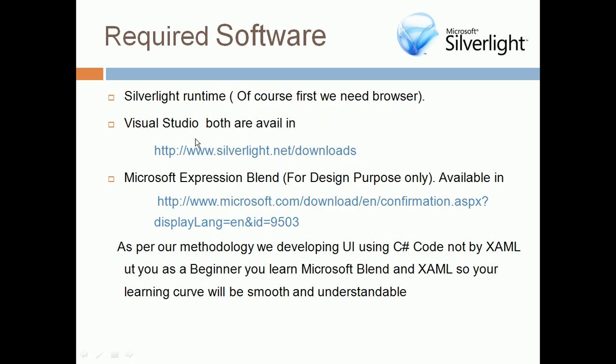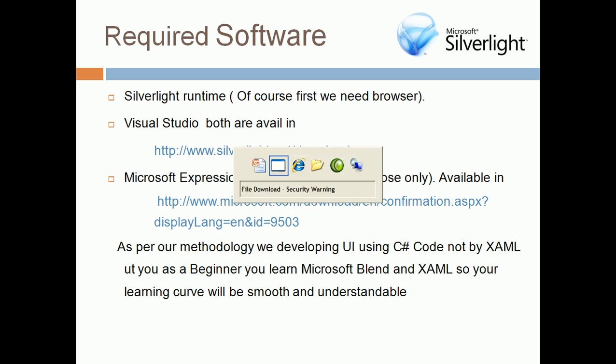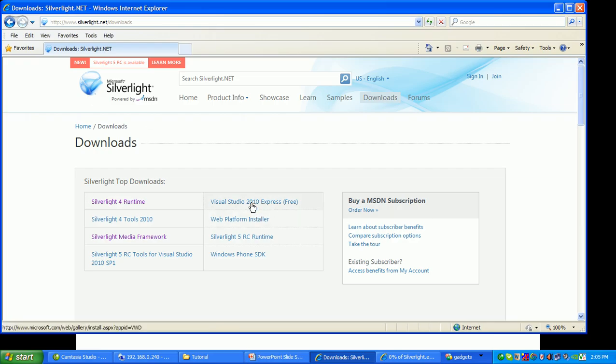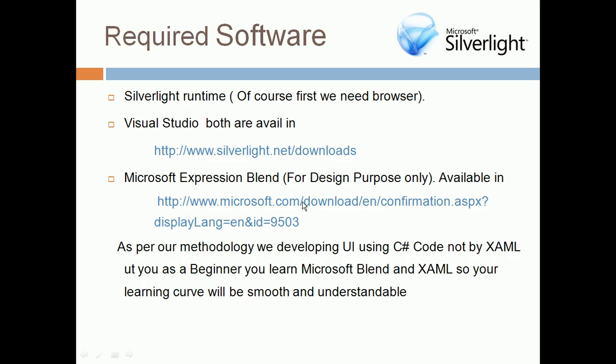Then Visual Studio is an IDE, an integrated development environment, that you can download from the same URL. You see, you have Visual Studio 2010 Express. It's a free edition that you can download. Then Microsoft Expression Blend.